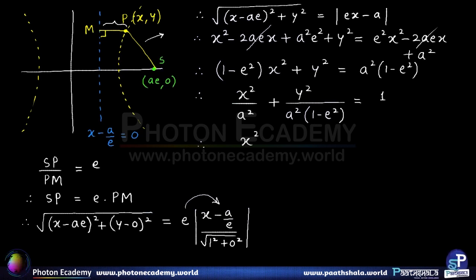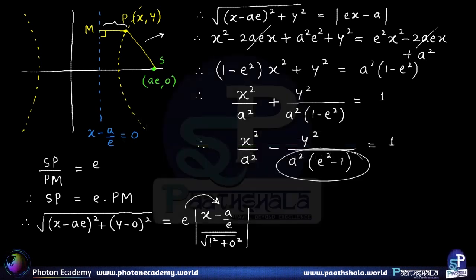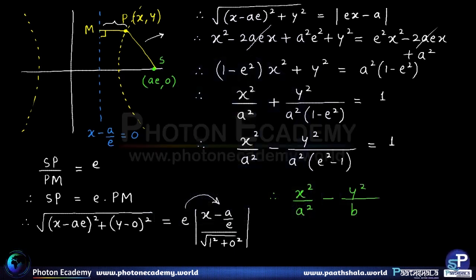So we'll get x square upon A square minus y square upon A square into, now we flip the terms inside, E square minus 1 equal to 1. And now we can replace or substitute A square into E square minus 1 with some number b square, and hence finally we will get the equation as x square upon A square minus y square upon b square is equal to 1.